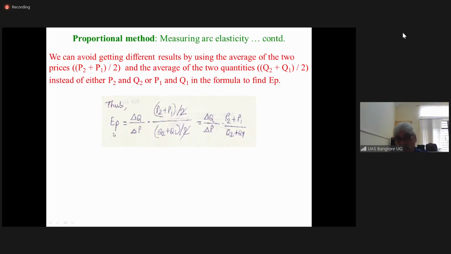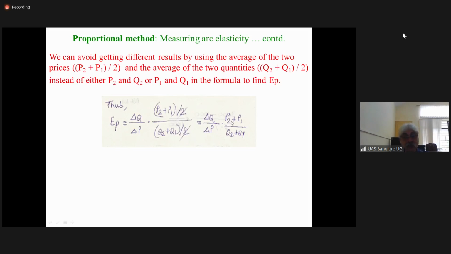So the formula becomes EP is equal to delta Q by delta P into, instead of P1 by Q1, or instead of P2 by Q2, we'll take P2 plus P1 divided by 2, that is for the average, and Q2 plus Q1 divided by 2. Here, 2 and 2 are common, they get cancelled.